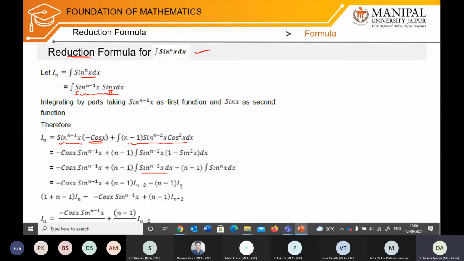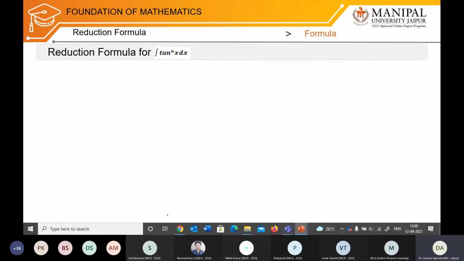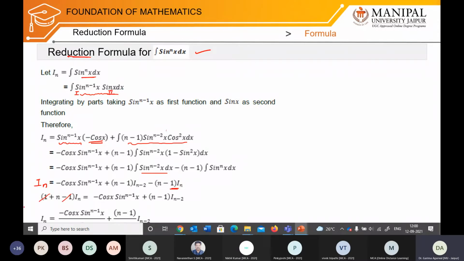Then we'll shift this I_n to the left hand side. This term is also I_n. So if we collect the coefficient of I_n, this 1 will cancel out, then we'll shift this n to the right hand side. So this is the integration of sine raised to n x by reduction formula.